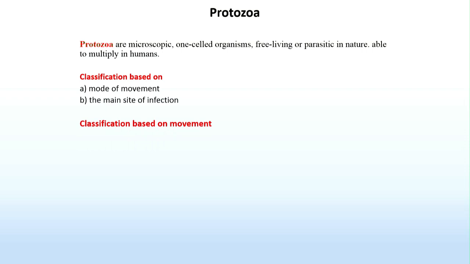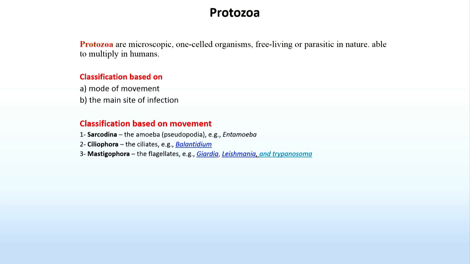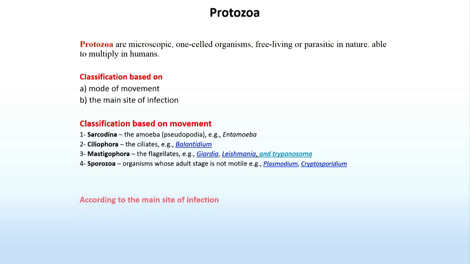So the classification based on movement: first, Sarcodina, the amoeba, with pseudopodia, example Entamoeba. Second, Ciliophora, the ciliates, example Balantidium coli. Third, Mastigophora, the flagellates, example Giardia, Leishmania and Trypanosoma. Fourth, Sporozoa, the organisms whose adult stage is not motile, example Plasmodium and Cryptosporidium.